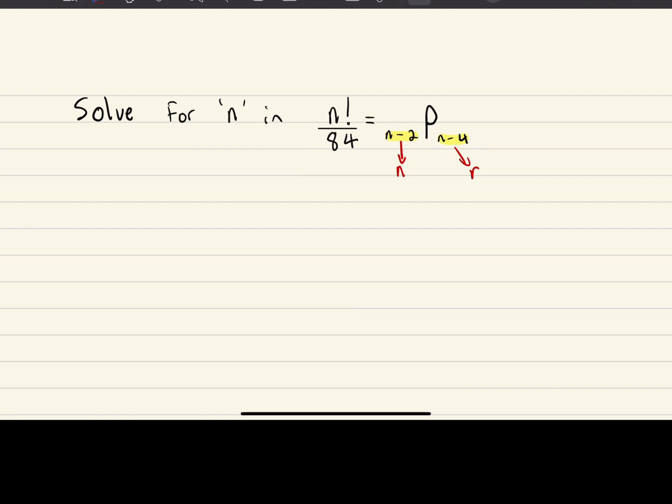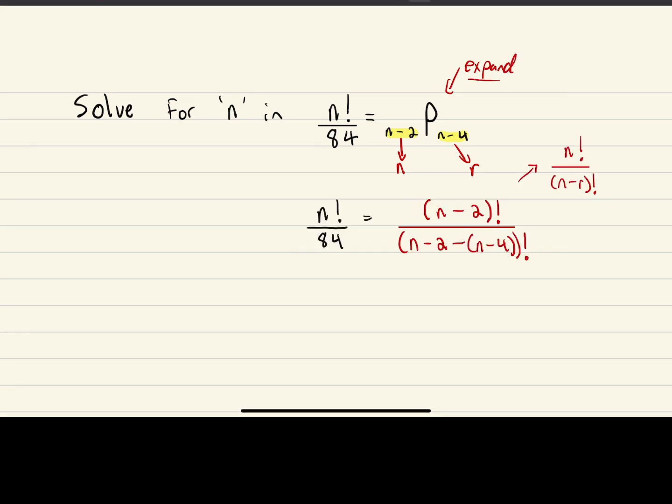Okay, what we're going to do first is expand this side over here. So referring to the regular permutation formula, we're going to substitute the n minus 2 wherever the n would go in the formula. So n minus 2 factorial over, and then it'll be n minus r, which in this case is n minus 2 minus n minus 4.